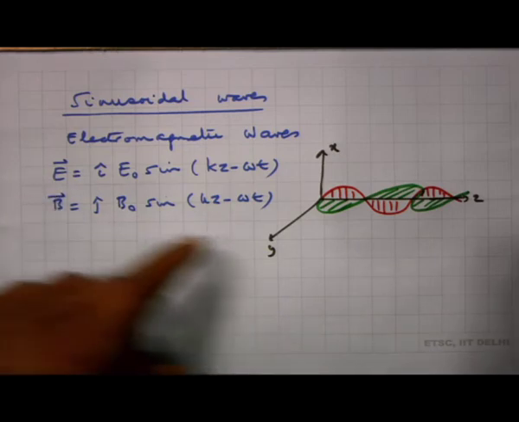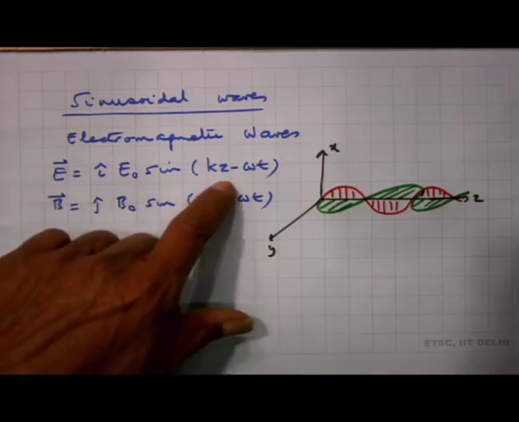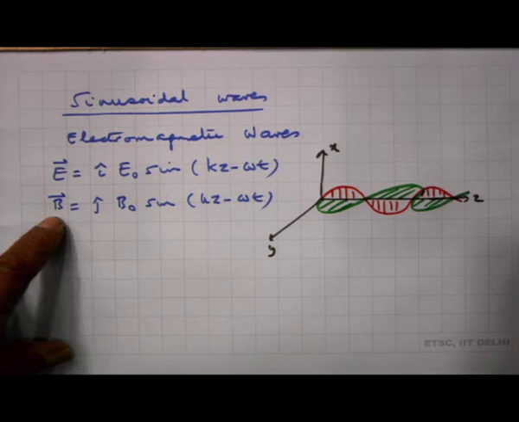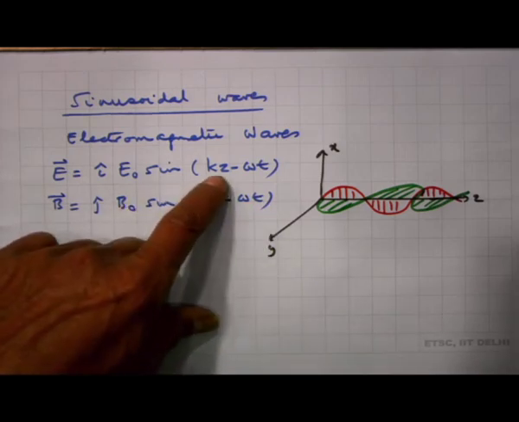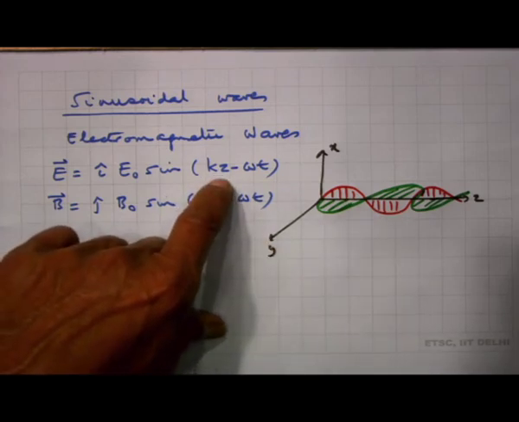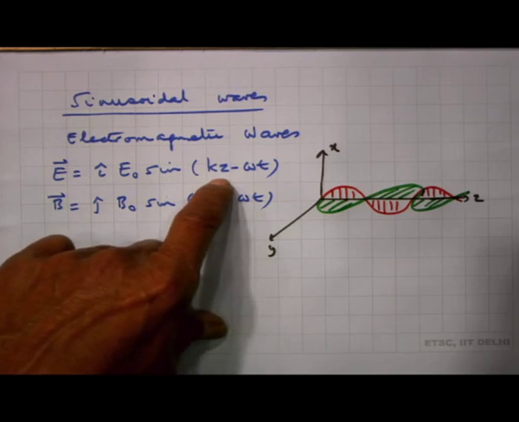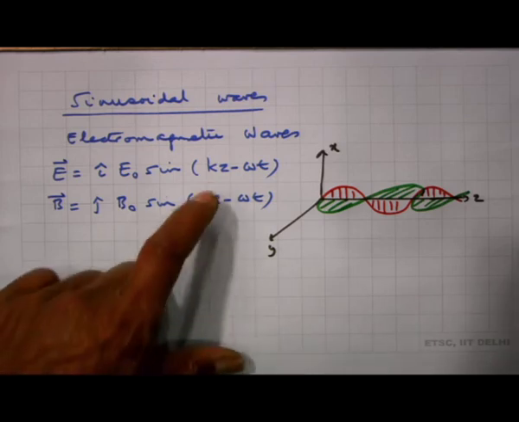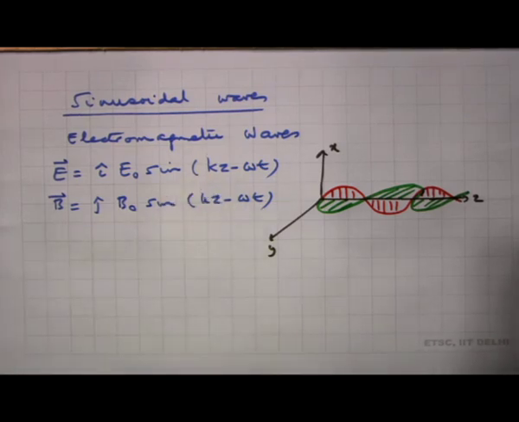For electromagnetic waves, we have to write an equation for the electric field as a function of position and time, and the magnetic field as a function of position and time. This is a wave propagating along the z direction. Please remember, in the case of waves on a string, I had written kx minus omega t, which represented waves along the x direction. Here I am writing kz minus omega t, that means this is a wave propagating in the plus z direction.